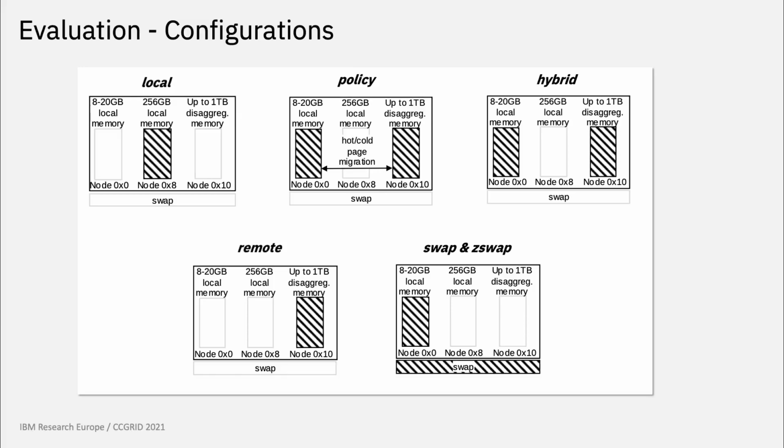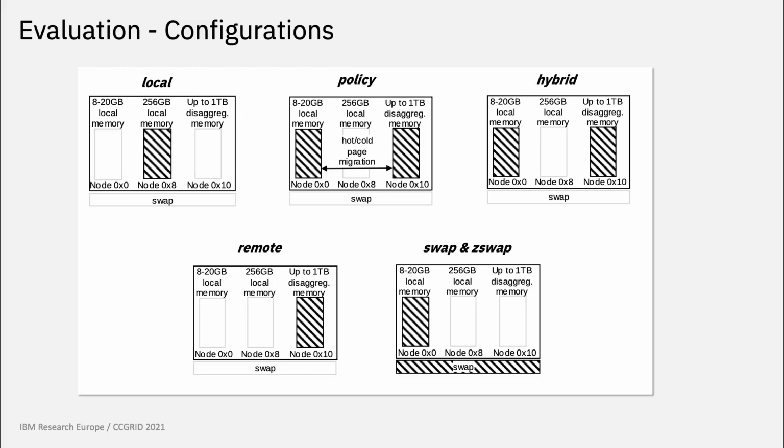In the local and the remote configurations, the Linux kernel allocates memory only from local and only from disaggregated memory, respectively. In the hybrid and the policy configurations, instead, the Linux kernel allocates memory from both the local and disaggregated memory. More specifically, allocations start from the local memory and fall back to disaggregated memory as soon as the local memory is depleted. The policy configuration is similar to hybrid, but it also supports memory page balancing with a customized version of AutoNUMA and the page replacement algorithm of the Linux kernel presented some slides before.